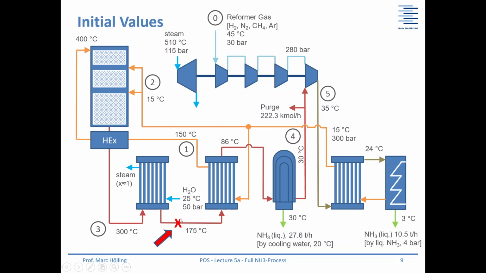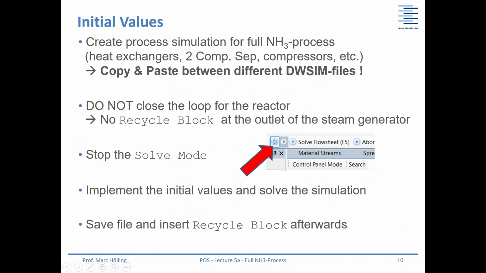In a later stage we will have a recycle block here, but right now we are not simulating a full loop; we are leaving the process open in this position. We are just saying, okay, we have the mole flow here of 16,100, we have the composition from the previous slide, we have a temperature of 175 degrees Celsius, and then we try to initialize our simulation.